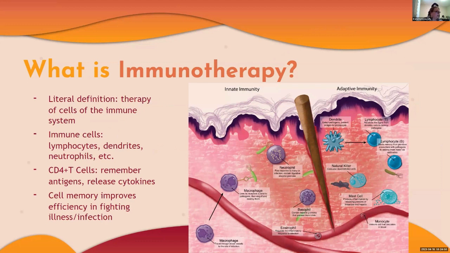Specifically, we're going to be targeting what is known as CD4 T cells, which are also called helper cells because they are very helpful in immunity, because they have the ability to remember previous encounters with allergens. And because of that memory, it increases efficiency in fighting infections or targeting allergens. And this process can be enhanced with fighting more difficult implications such as cancers and more efficiently fighting illness and infection.